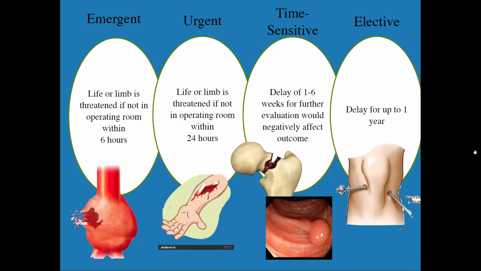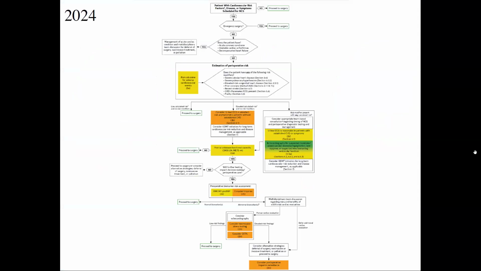You have a patient with unstable angina who needs breast surgery, it can wait. And then you have elective, which is a patient with critical AS, who's symptomatic, who needs a total knee. It can wait. We can go fix that valve and bring them back, which we've done here multiple times.